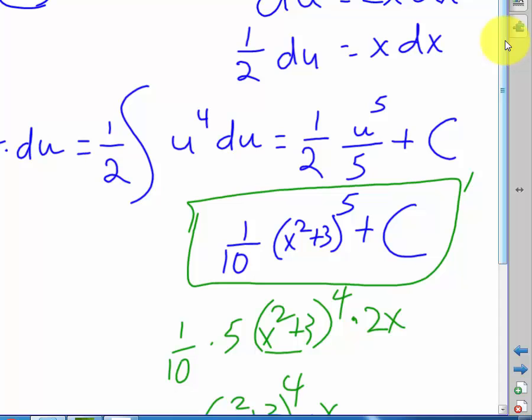And this may be hard for you to see. What would be the problem with trying to integrate that thing that I just wrote down there? We've got u's and x's in there. When you get into Cal 2 in college and Cal 3, you'll learn how to integrate when you've got multiple variables. We can't do that right now.